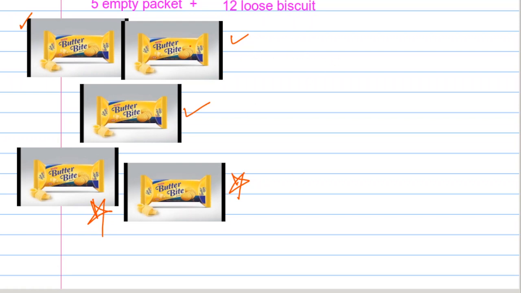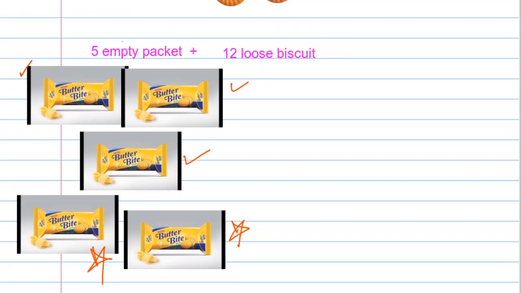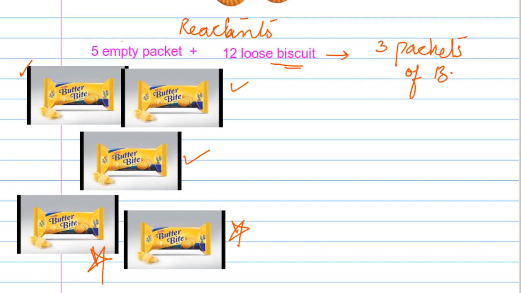So the thing which is completely utilized in this reaction, if the biscuits are totally utilized to make the product, if we say these are the reactants, then the reactant that is completely used up to make the product, we have got 3 packets of biscuits.